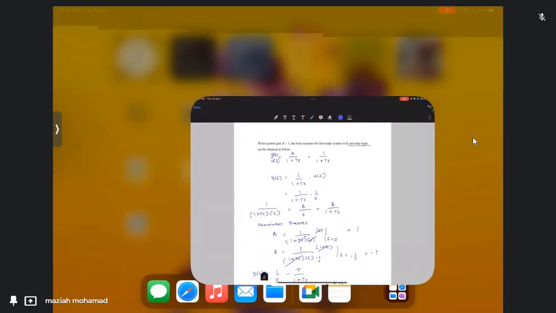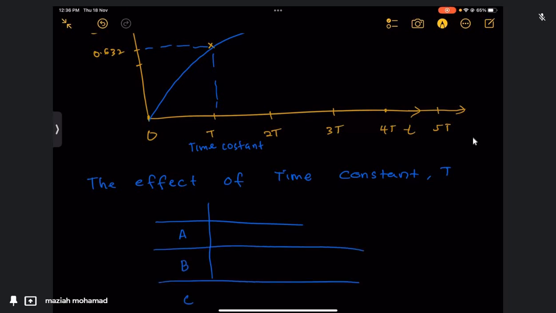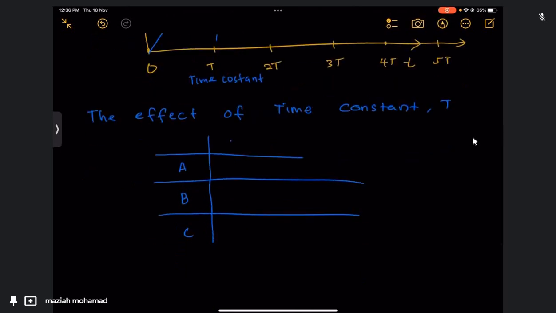Let's say we have three systems, A, B, and C. The transfer functions are: 1 over s plus 1, 1 over 2s plus 1, and 1 over 0.5s plus 1.